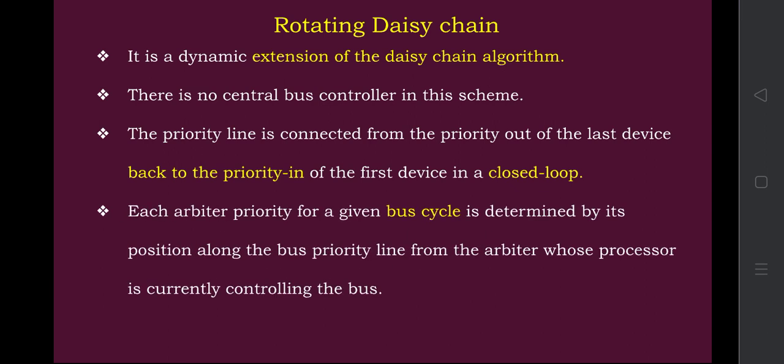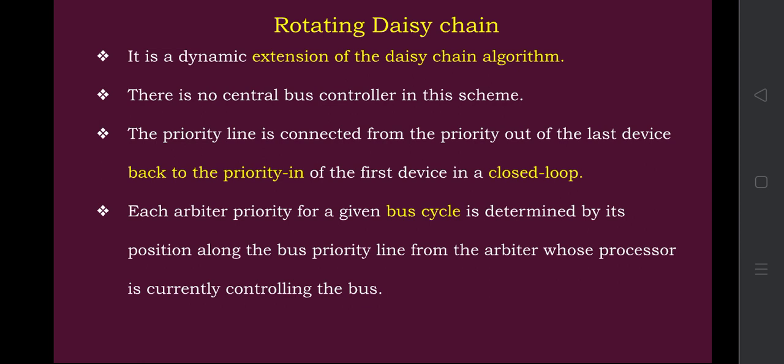Okay. Now each arbiter's priority for a given bus cycle is determined by the position along the bus priority line from the arbiter whose processor is currently controlling the bus. Here a bus cycle is granted means that for a small duration of time the bus is given control, and that is called giving a bus cycle.